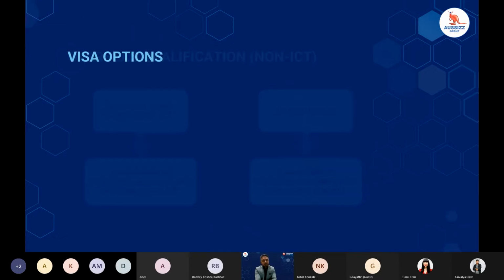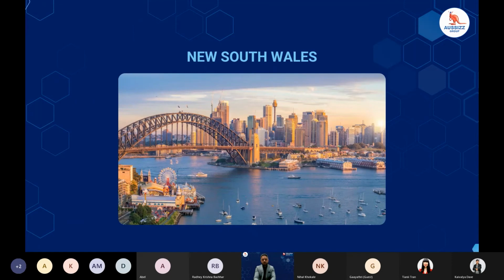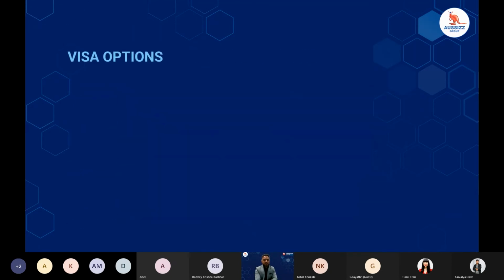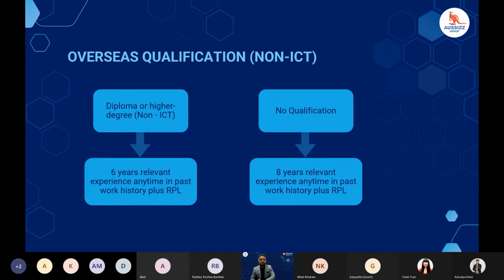Generally, for work experience, when you claim the work experience points or when you apply for an ACS skills assessment, you need to make sure that only providing a work reference letter would not do the job. If you're claiming 8 years of experience or 2 years or 6 years, any work experience that you submit to ACS, you need to provide a work reference letter that must mention your name, your job title, your duration of employment, full-time or part-time, and if it is part-time, they must mention the hours, which has to be minimum 20 hours per week, and the duties that you've done during your employment, and those duties should be related to the nominated occupation.